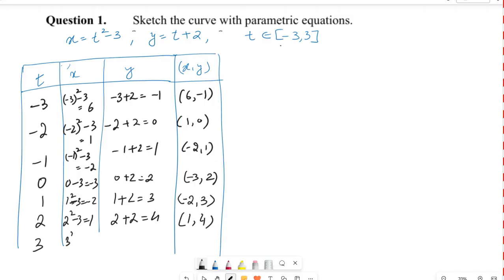For 3, 3 squared minus 3 is 6, and 3 plus 2 is 5. So the point is (6, 5). Okay, let's try to plot this on our graph.